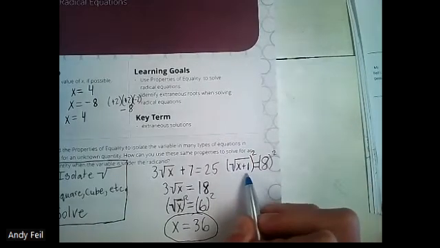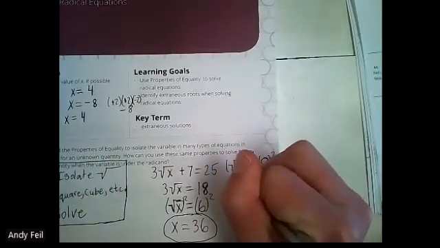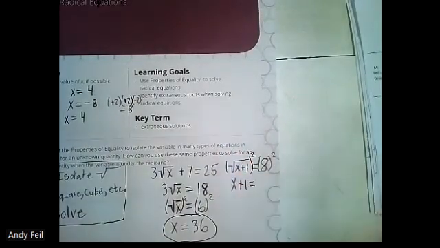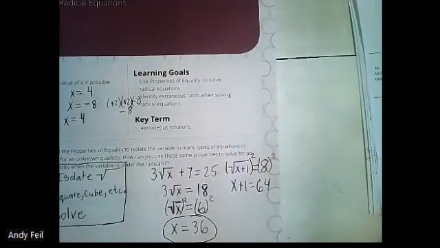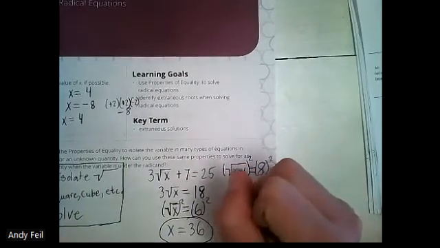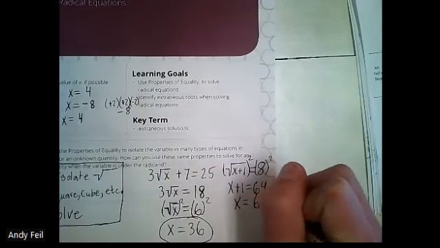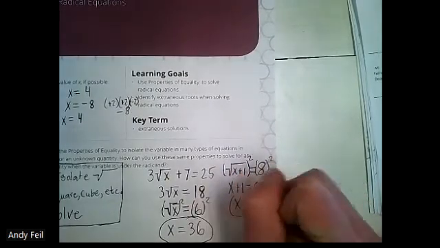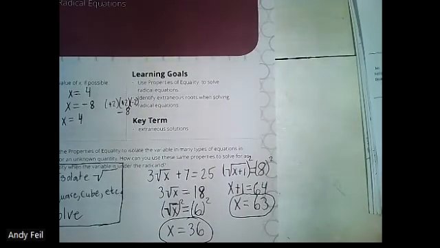If I square this, what's going to be left on this left side? X plus 1 equals 64. And you got to subtract 1 to get x by itself. So x equals 63. Any questions on this? Yes, no, maybe? Okay.